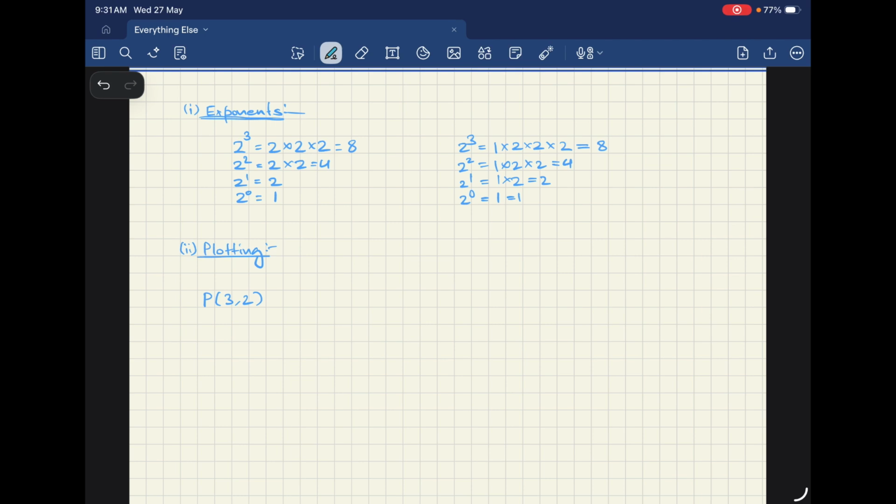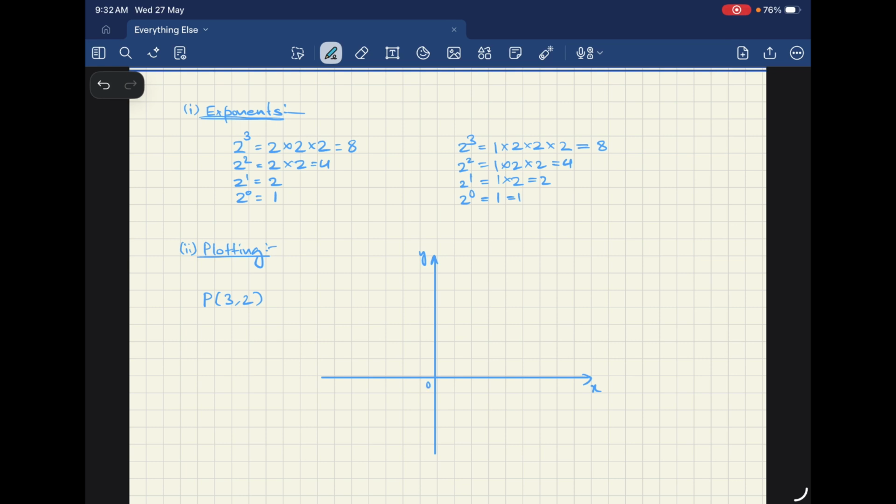Now, how do I plot it in the 2D plane? For that, I need a number line in one direction and another number line in the other perpendicular direction. Just for the sake of convenience, we write this as x direction and this as y direction.